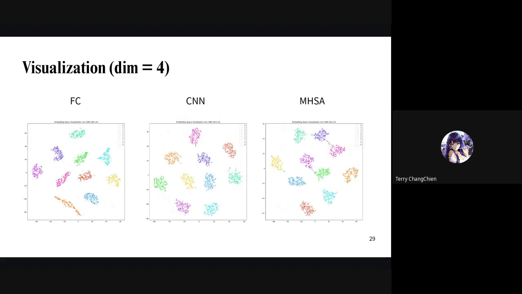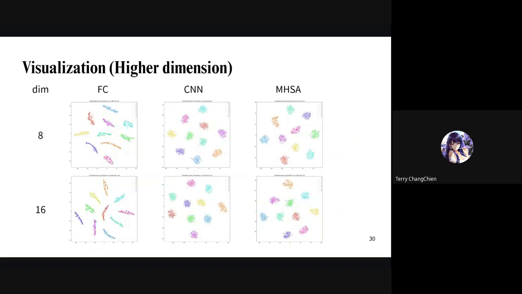When the dimension reaches 4, we can easily see the result of the clustering. These three models are all doing well on this test. Next page. And so does the higher dimension.